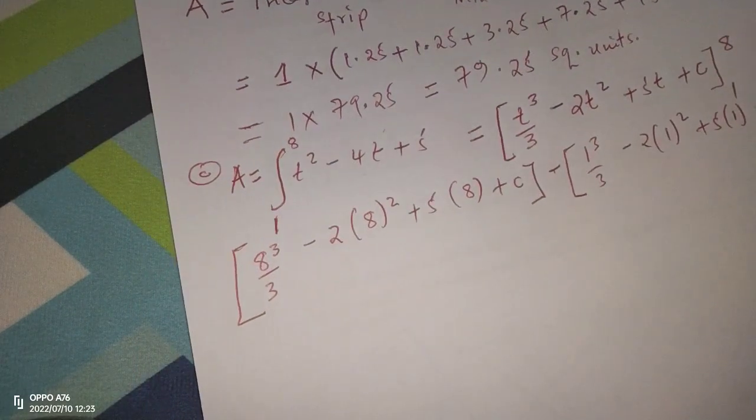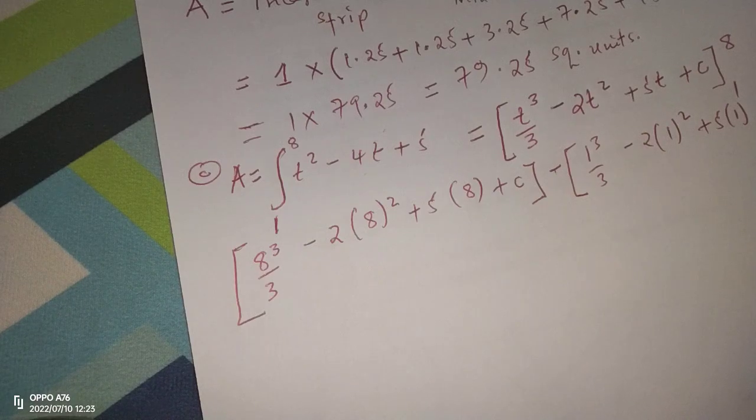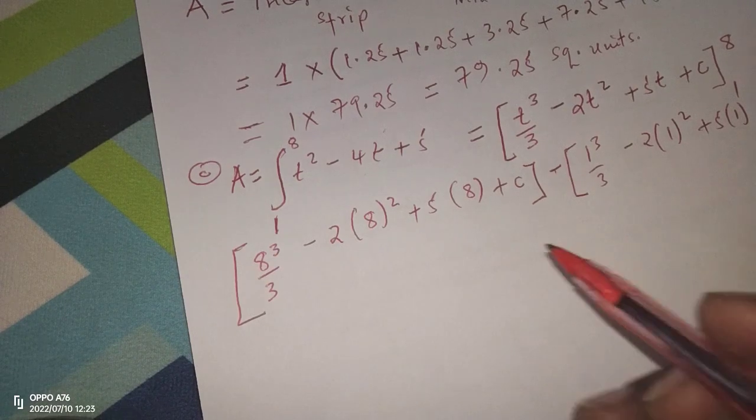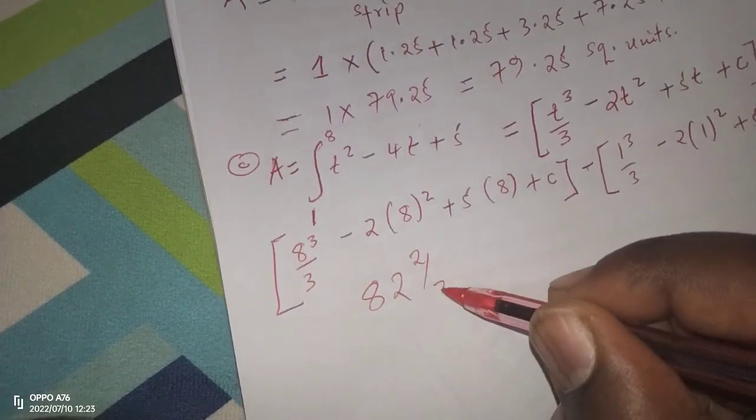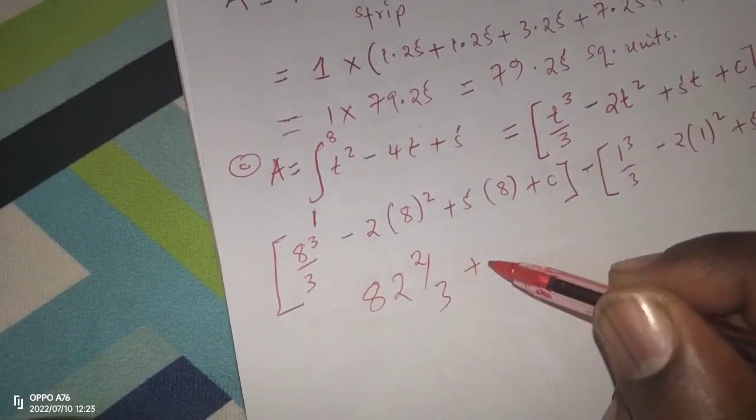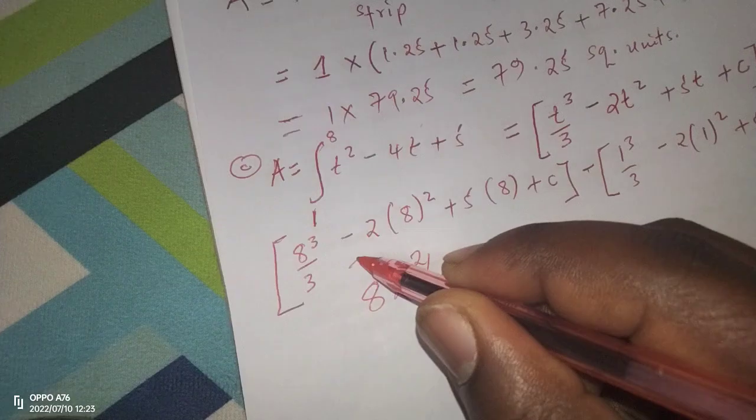Therefore, when we use our calculator to get the value of 8 cubed divided by 3, minus 2 into 8 squared, plus 5 into 8, this gives us 82 and 2/3, plus a constant of integration.